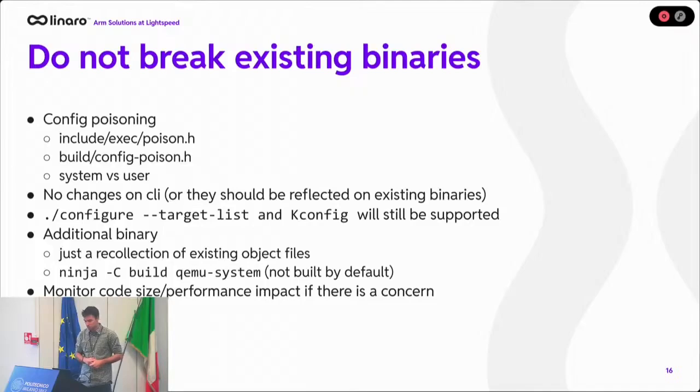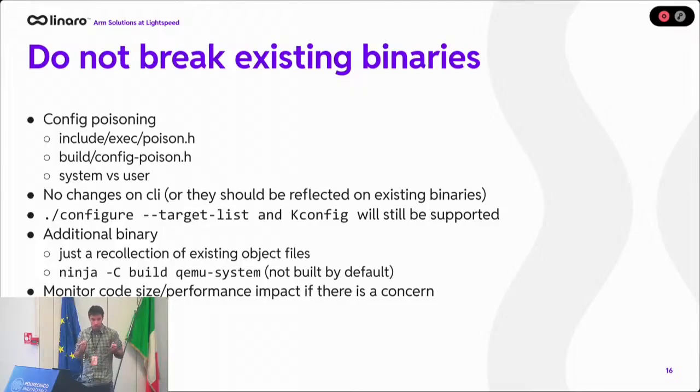There is nothing specific. Just a word about the binary itself, I don't know if you will get it or if I explain it well. Basically, it will just be a recollection of the existing object files. By that, I mean that we will link together object files that are already present in any of the QEMU system binaries.